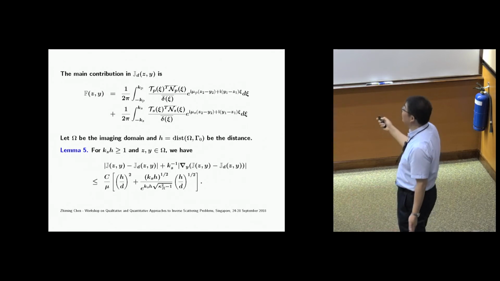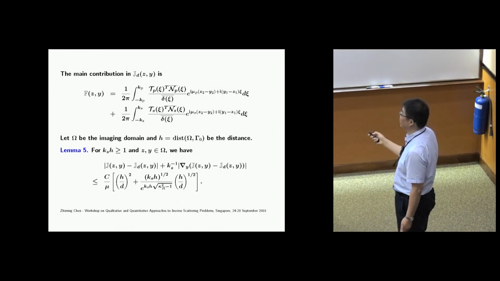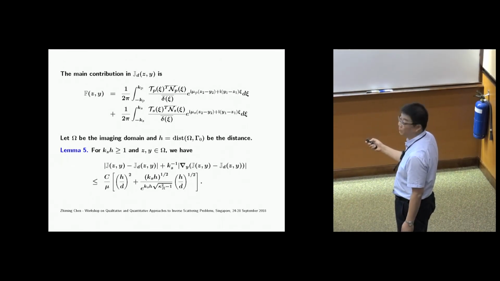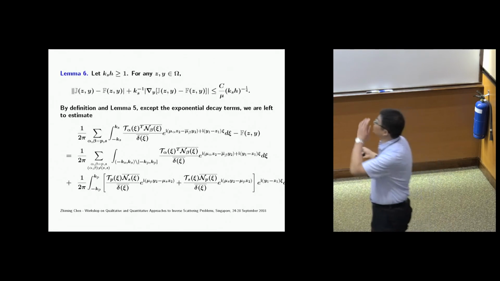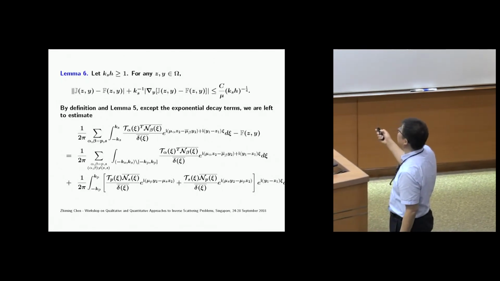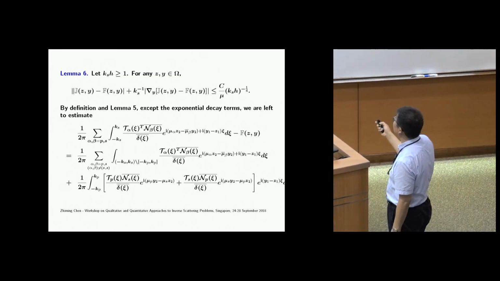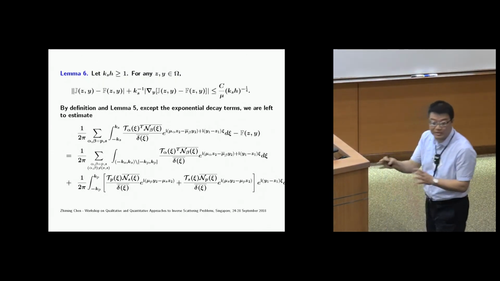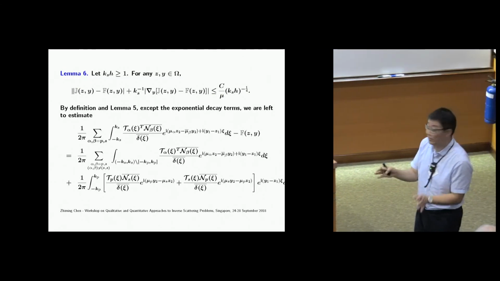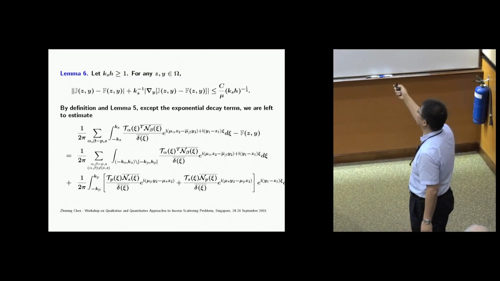To prove this, first we have the difference between the finite aperture and the full aperture, which is small because of the decay, h over d. The difference between these two functions is based on this oscillatory integral, and you have this kind of decay.